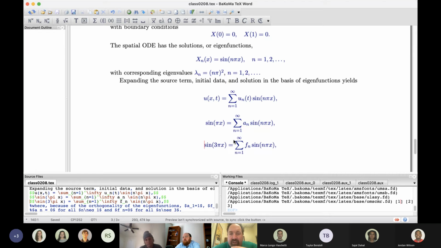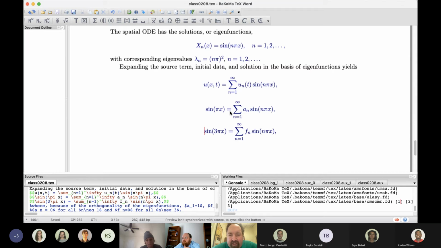Now, this gets to what we were talking about for homework, problem 5, lesson 5. In this particular case, the coefficients a_n and f_n are particularly easy to get because the given source term and initial data are already linear combinations of these eigenfunctions.